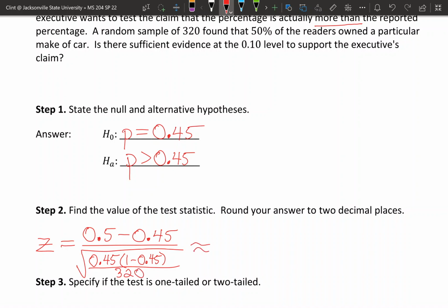Let's see what we get there. I'm getting 1.797, so it's going to round up to be 1.80.